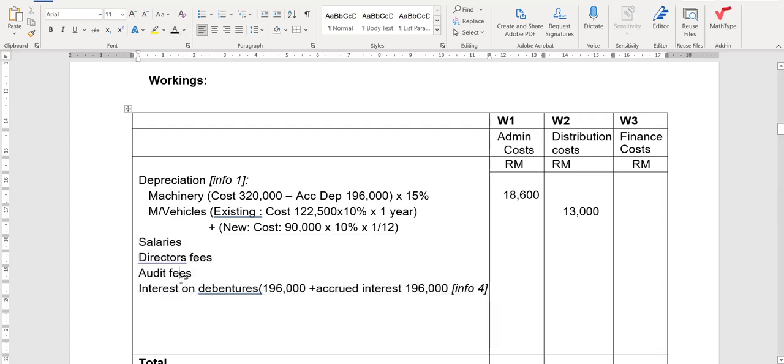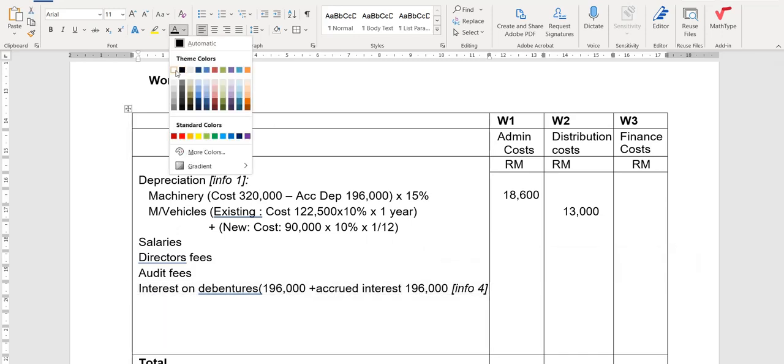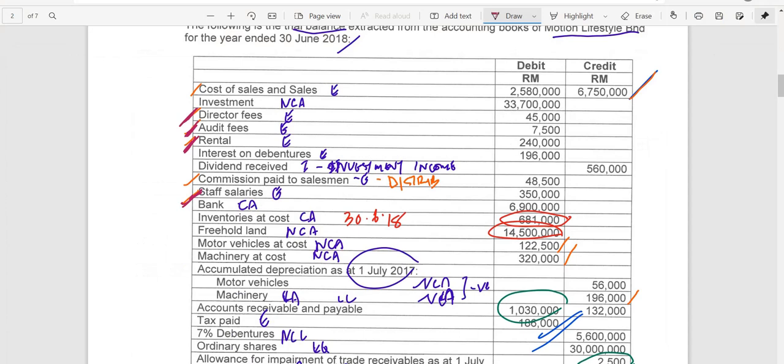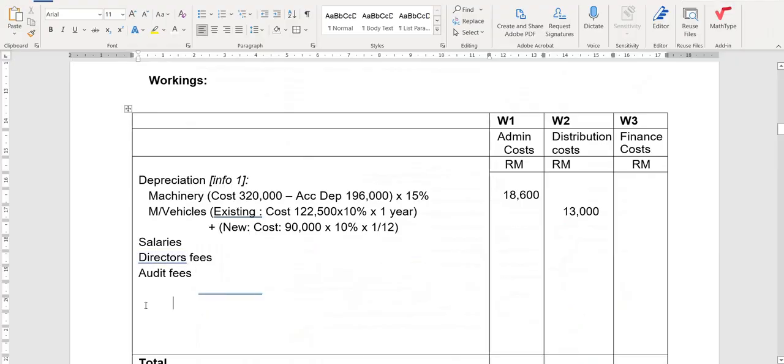So we will just hide this for a while. Salaries, directors fees, and audit fees, these are the things that you need to include. And one more is rental. Let's look at the rental part. The rental is here.